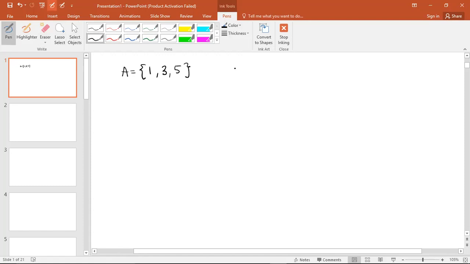And then they've told us B is the prime numbers. Now, for us to list prime numbers, we need to know what our universal set is. We've been given that the universal set only contains 1, 2, 3, 4, 5. So this being the universal set, B can only come from it.